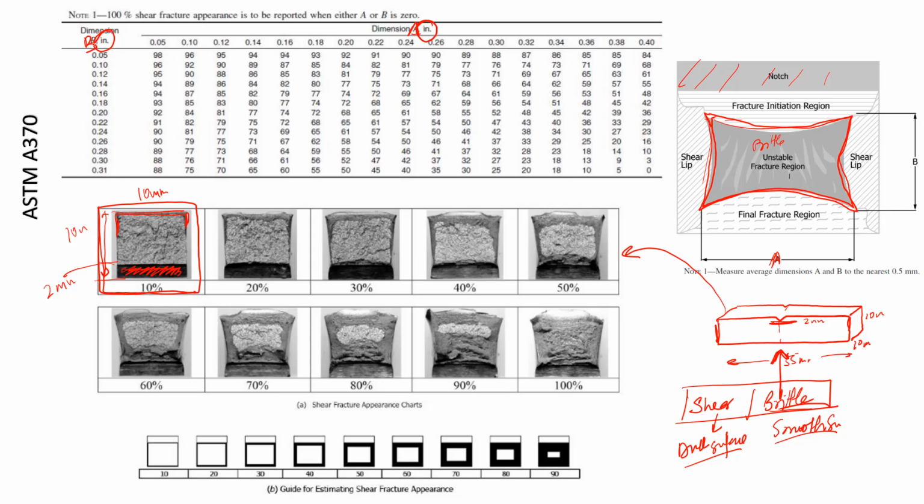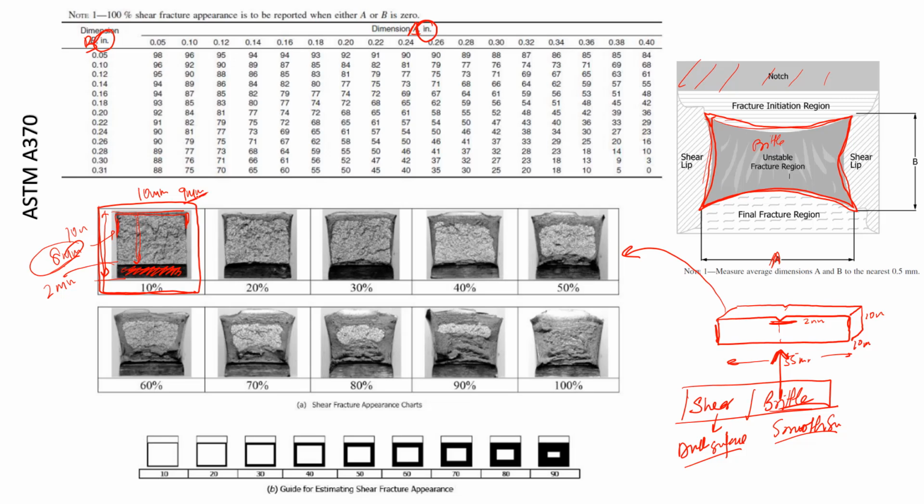Now we can see here, if you take this portion and measure A and B, this portion is your B. So B can be a complete 8 mm, and your A will be slightly less than 10 mm. Suppose let it be 9 mm.